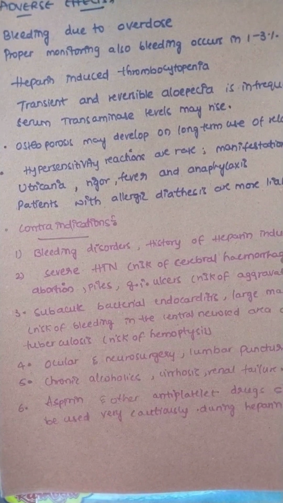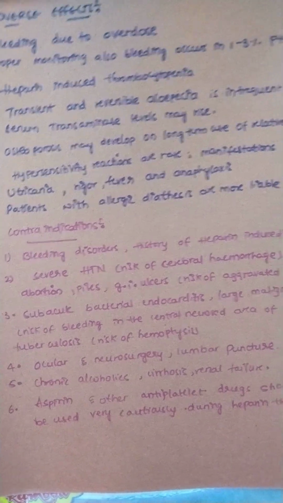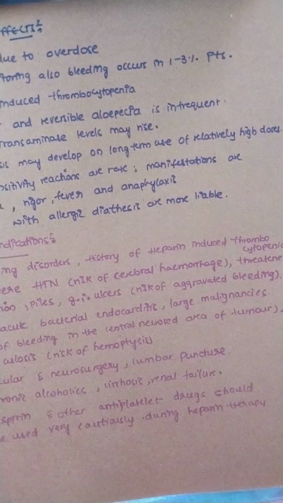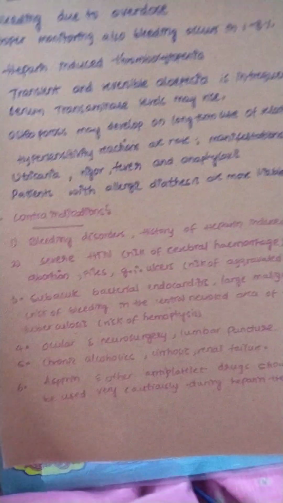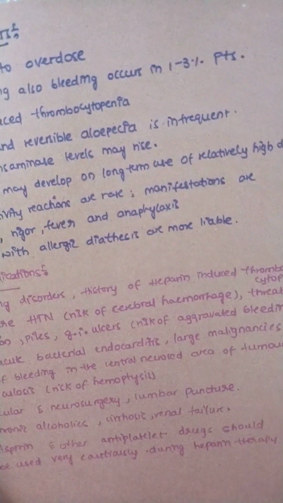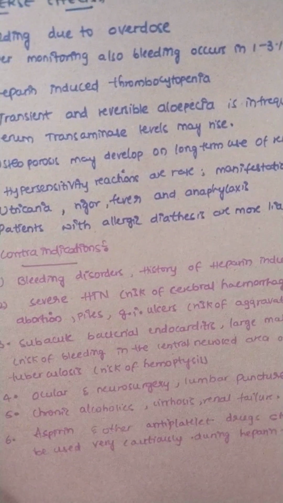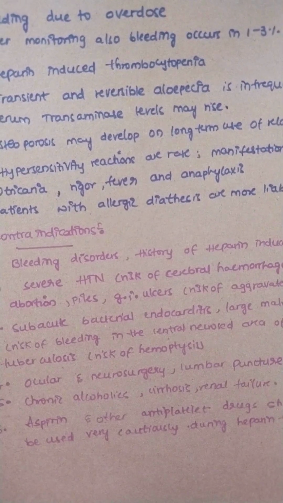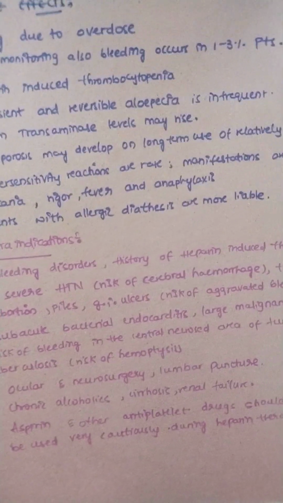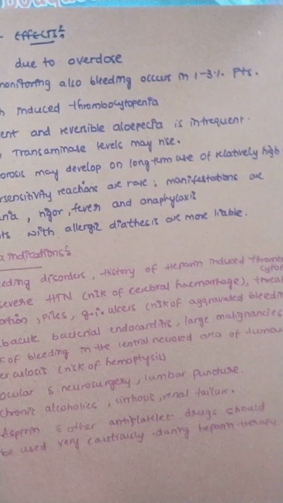What are the contraindications? There may be bleeding disorders, history of heparin induced thrombocytopenia. If there are bleeding disorders and heparin induced thrombocytopenia, we should not give heparin. It will aggravate the symptoms, and severe hypertension and cerebral hemorrhage will occur, which is a very serious complication.